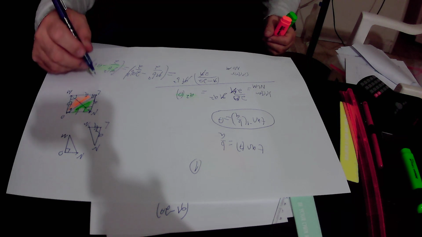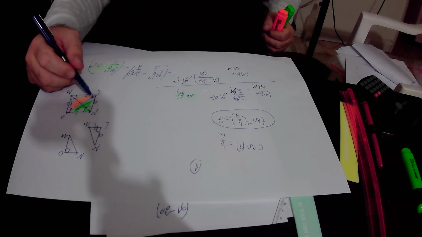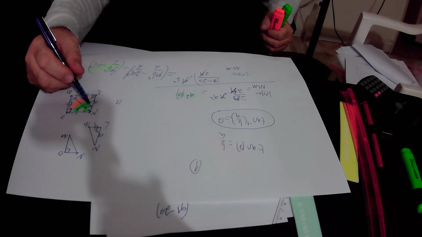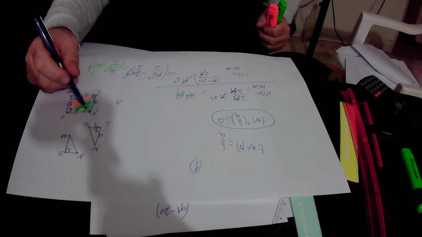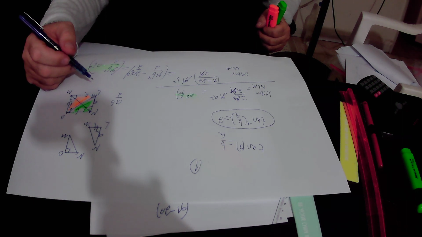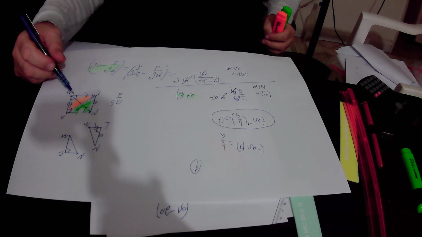So what is the area of the green right triangle? It is equal to the base of the triangle, that is a, times the height to the base, that is b, all divided by 2. What is the area of the orange right triangle?